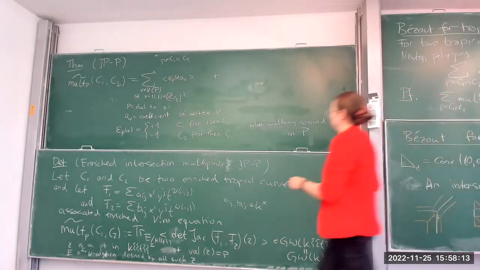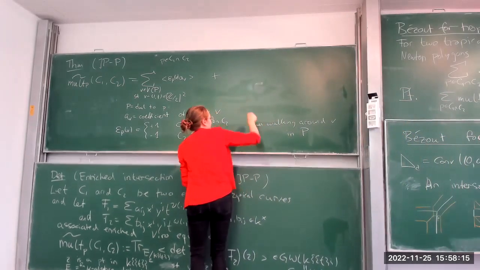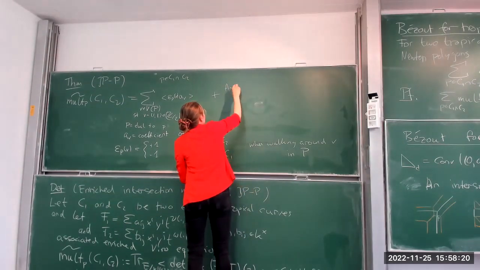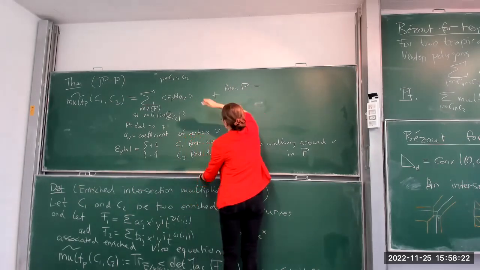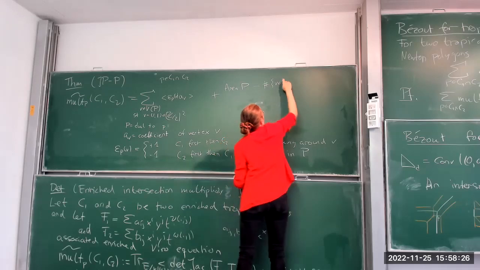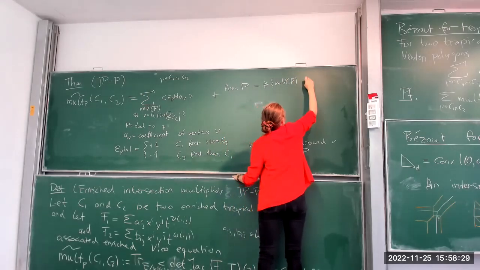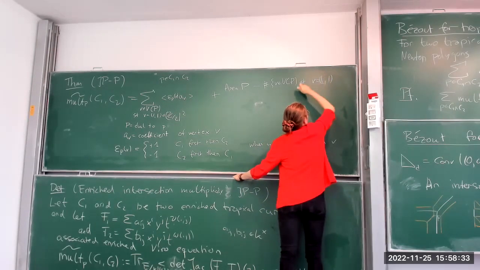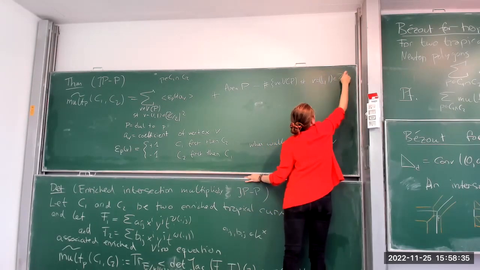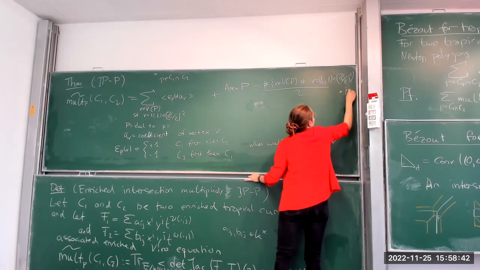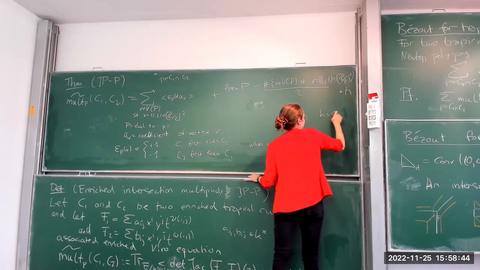So we have to add the correct number of hyperbolic forms. So I take the area of P, I subtract the number of vertices such that both components are odd, I divide this by 2 and I multiply this by the hyperbolic form.